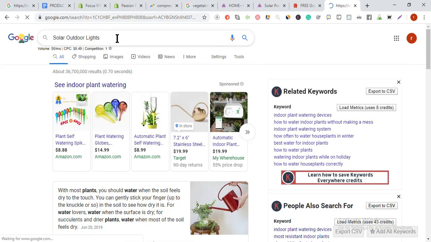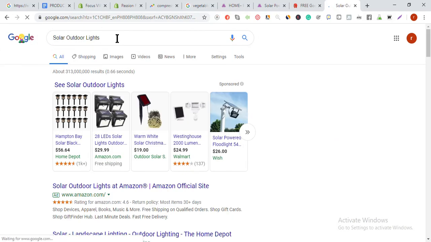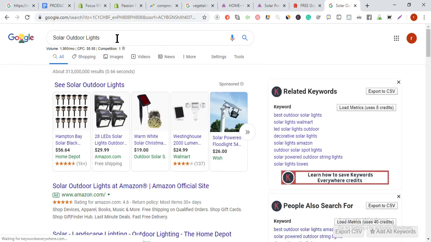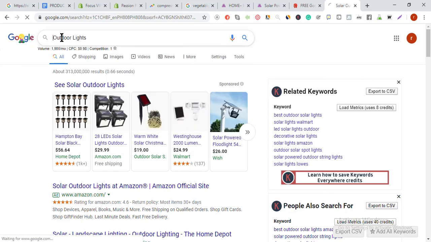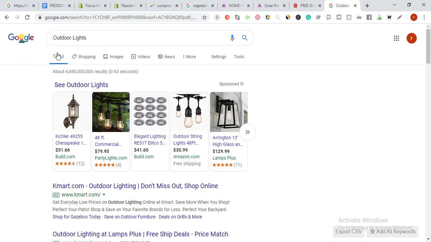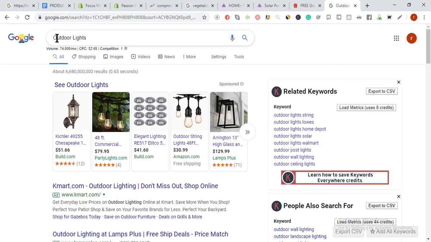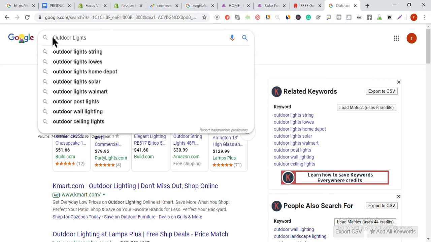Okay, so I think the volume is good enough. Because if you're going to make it unspecific, I'm pretty sure the searches would be broader and bigger, right? Or let's just put solar lights.